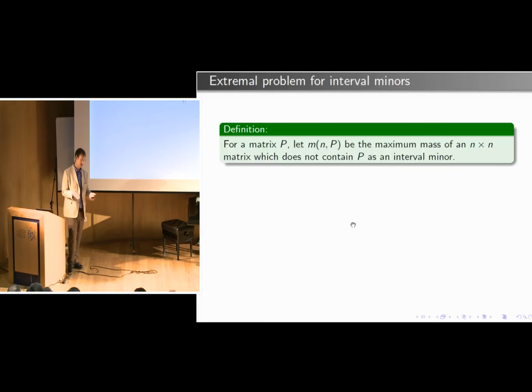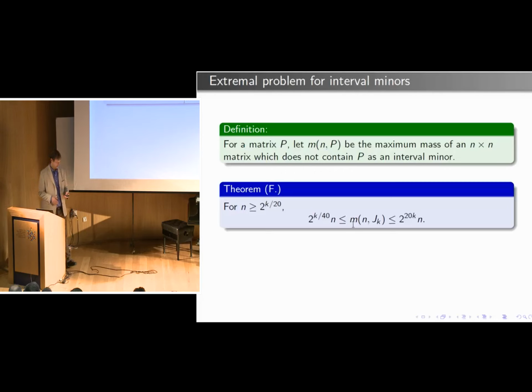But if P is an all ones matrix, this will turn out to be much smaller. What we show is that M_n of J_K for the all ones matrix is bounded from below and above by something that's exponential in K times n. So it's a linear bound in n, and the constant dependency in K is exponential. And I'm not careful about these constants here.